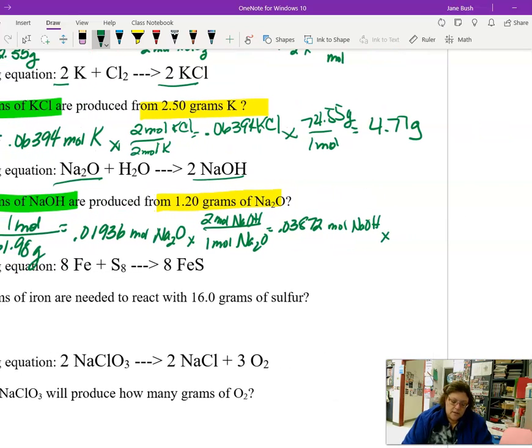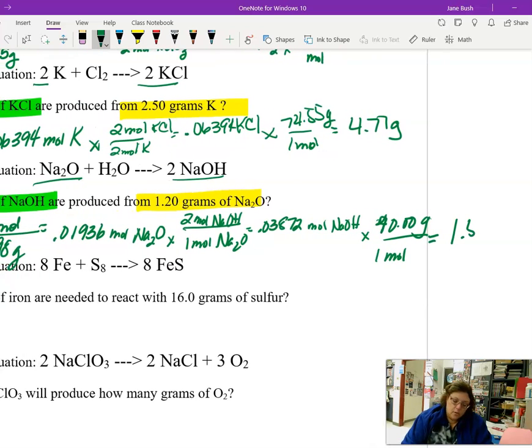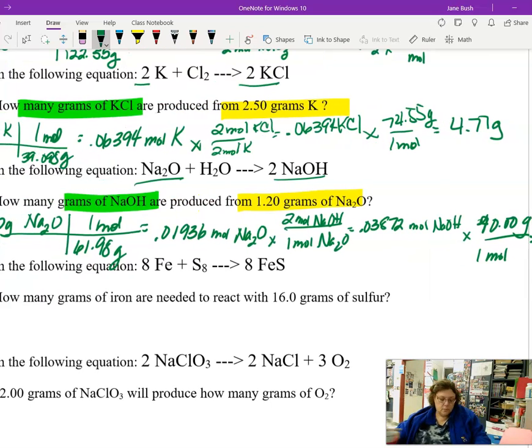Now we're going to multiply that by the molar mass. The molar mass of sodium hydroxide is 40 grams in 1 mole, and that comes out to 1.55 grams of sodium hydroxide that will be produced.